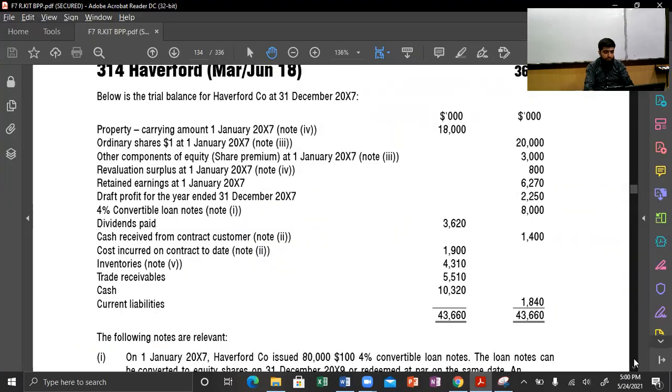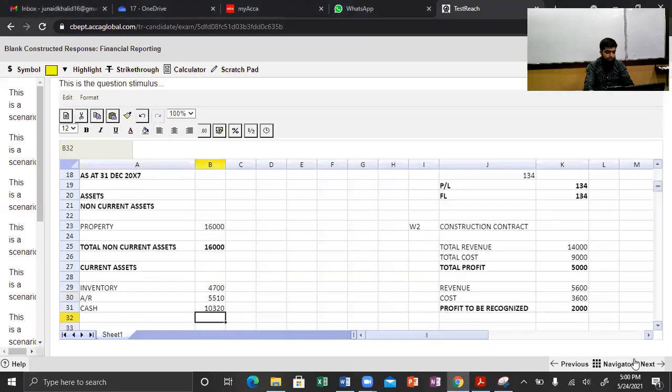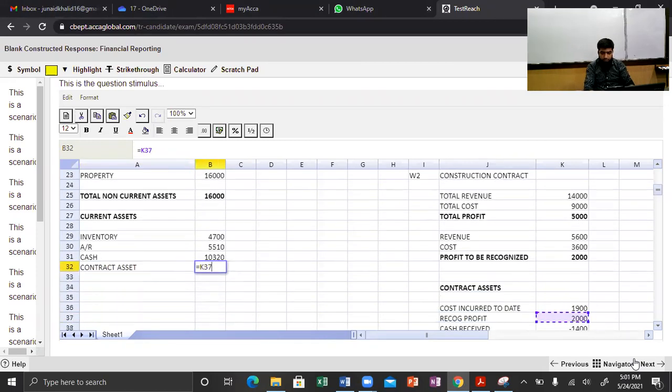Yes, one more asset, that is the contract asset which we have calculated. For the contract asset we can refer to the working, that is working 2.